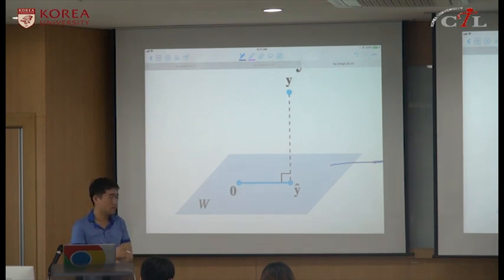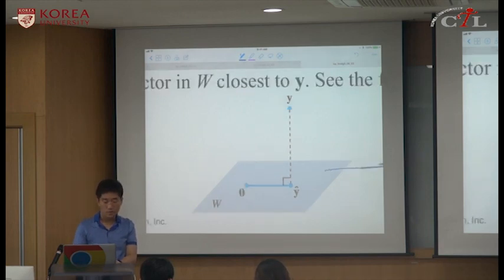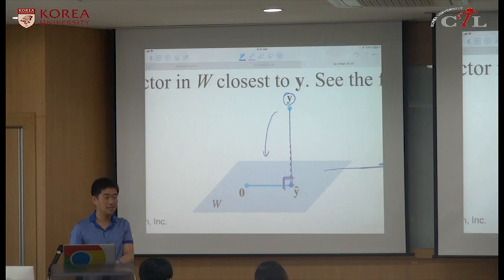So what about the orthogonal projection of y onto the subspace W? We can think of this orthogonal projection having a 90 degree angle over here, right?